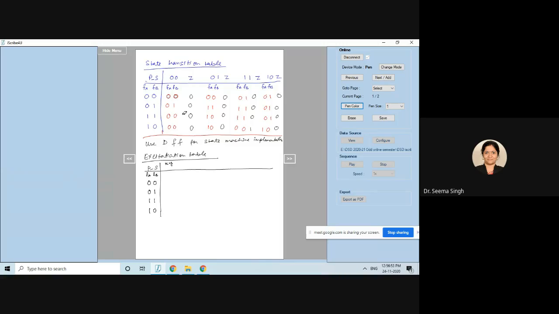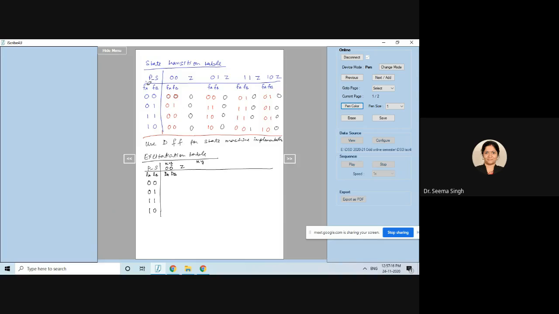Okay, why is the table being repeated? Can somebody tell me? For D flip-flop, if I say the input of D flip-flop is DA and DB, what should be the excitation input?